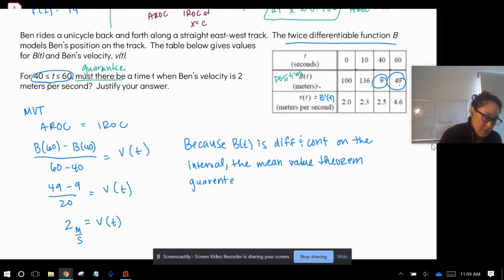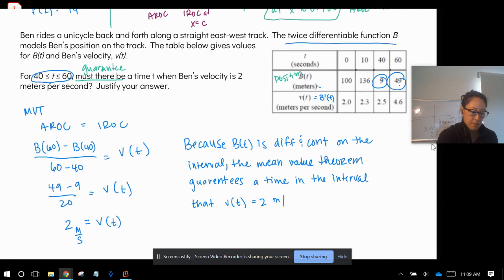So all these theorems are about guarantees. A time in the interval that the velocity of t is equal to 2 meters per second. All right, so we just checked off our guarantee. All right, that's the mean value theorem. I'll see you guys later.